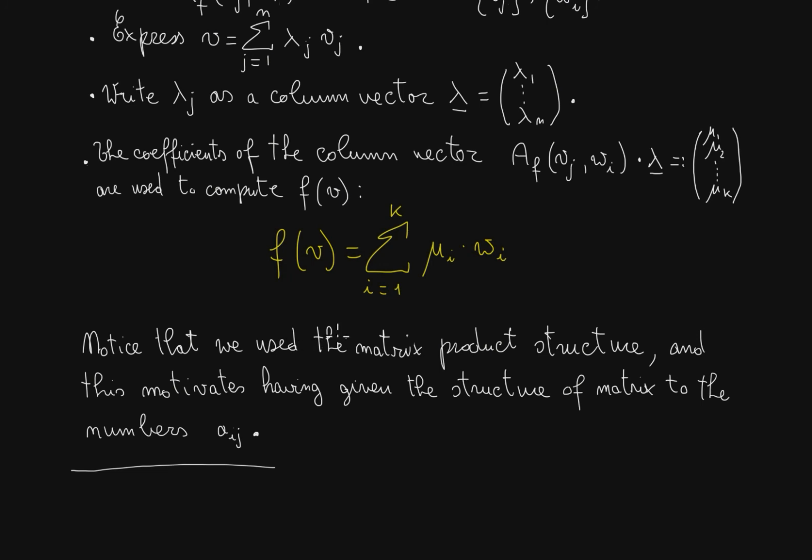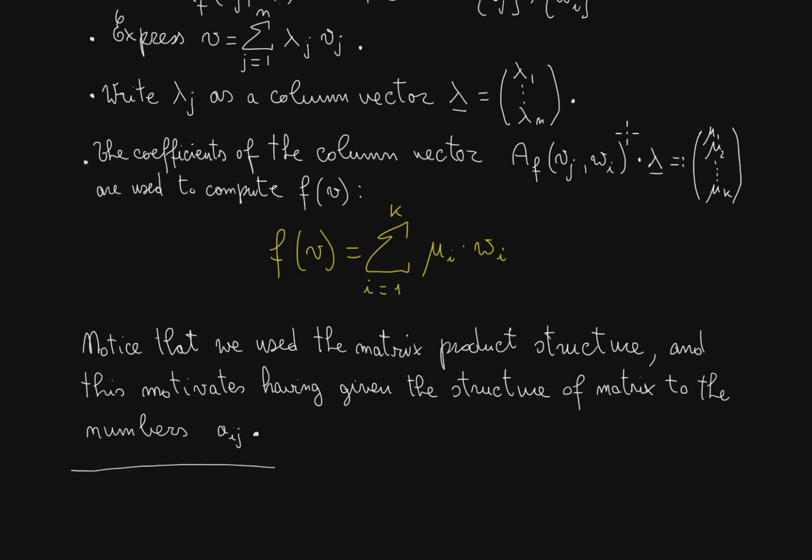Notice that we use the matrix product structure here, and this motivates having given the structure of matrix to the numbers a_ij. Just a moment ago, we were wondering whether it was useful to see these a_ij's as a matrix. Well, here is the reason why it is useful.